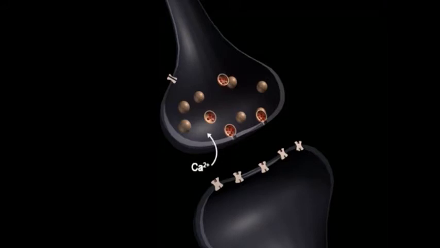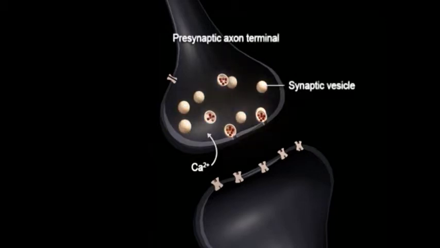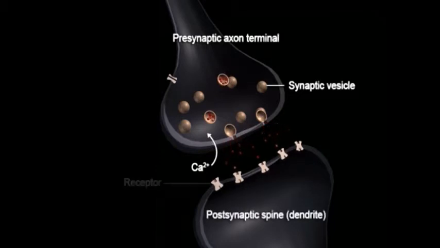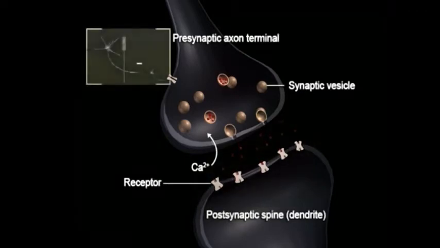This is going to set off a series of events that cause the synaptic vesicles to fuse with the presynaptic membrane and dump their contents into the cleft. Those neurotransmitters will then bind to postsynaptic receptors in the dendrite or spine of that second neuron.